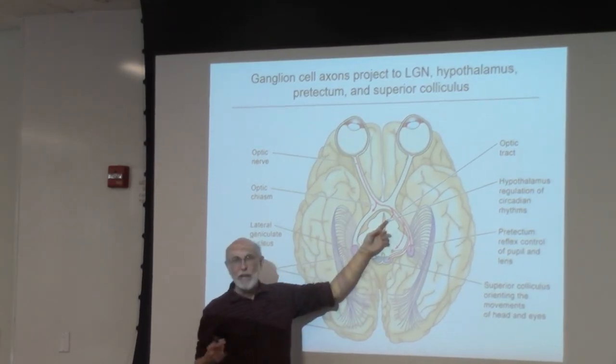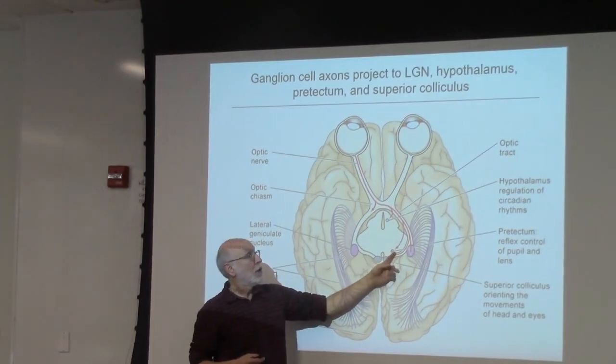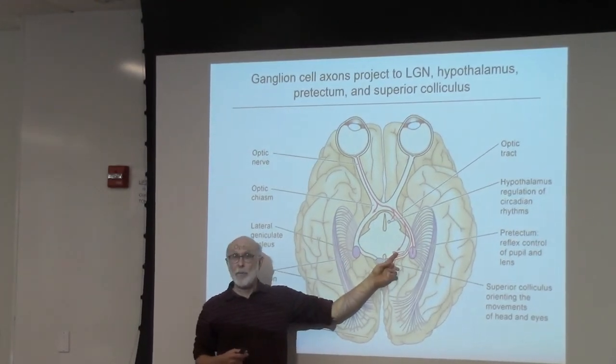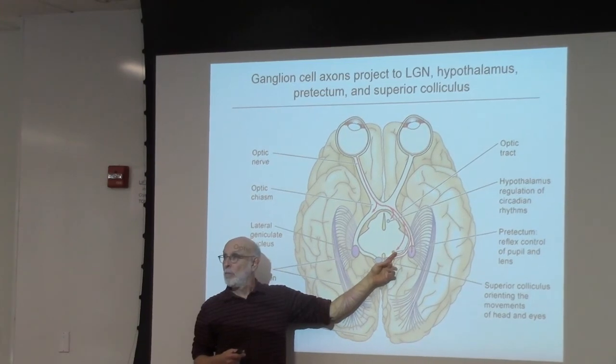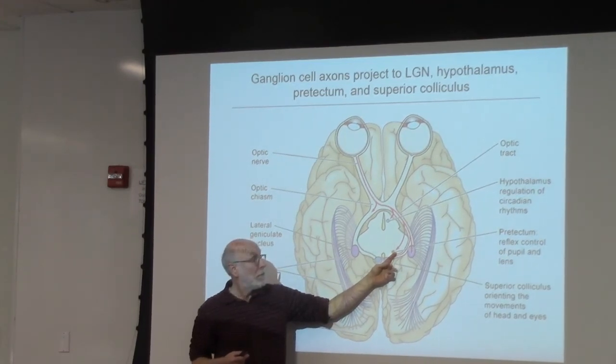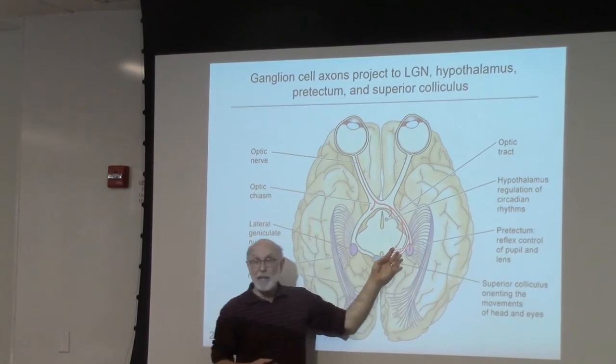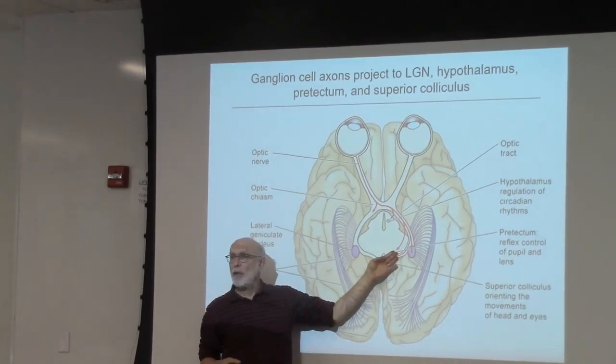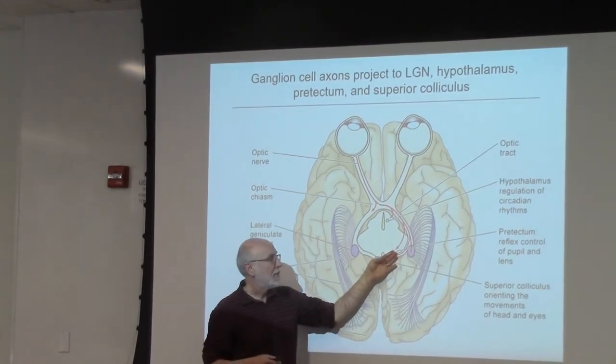So, regulation of your circadian rhythm, control of the dilation of your pupil, focus, is not done in the visual cortex, it is done in something called the pretectum. I don't want you to memorize that name.